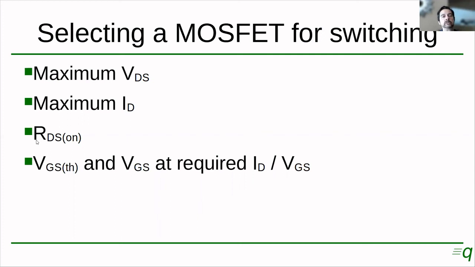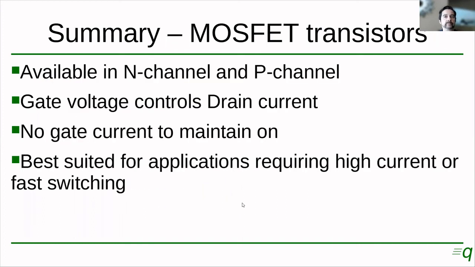We want this number to be as low as possible. In the previous example, it was 44 milliohms, so 0.044 ohms, that's fairly low. And then the VGS threshold, which is the voltage at the gate for the transistor to turn on, and the voltage at the gate at the required drain current that we are planning to use the transistor at.